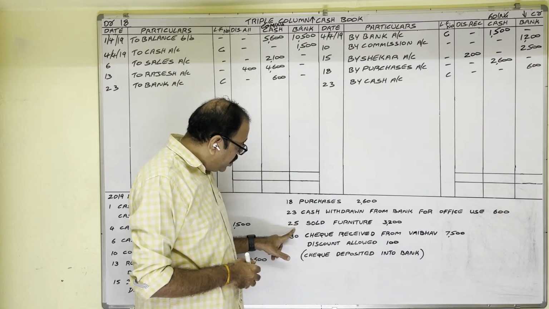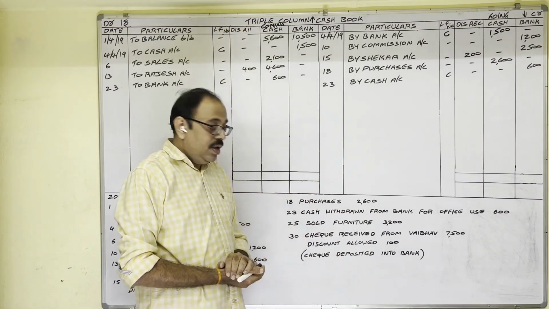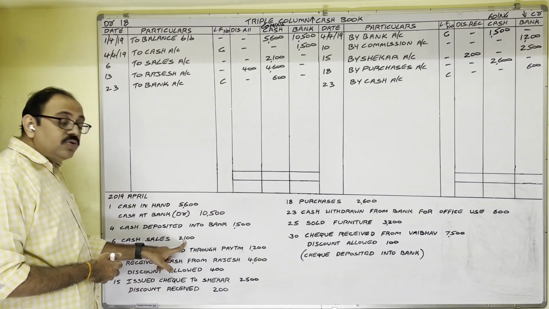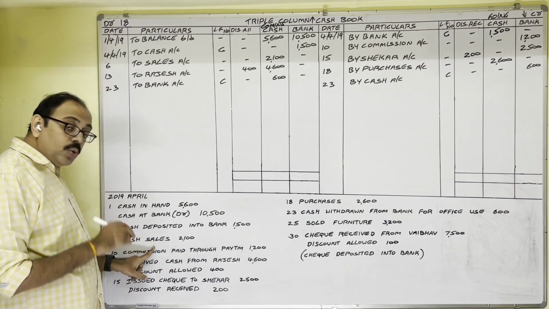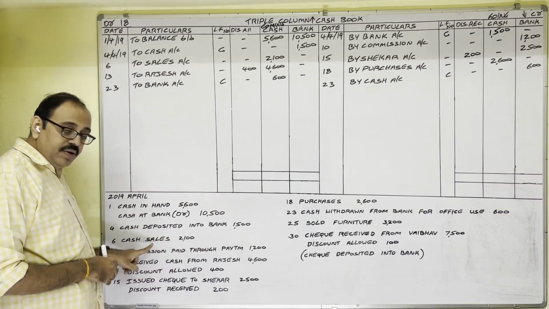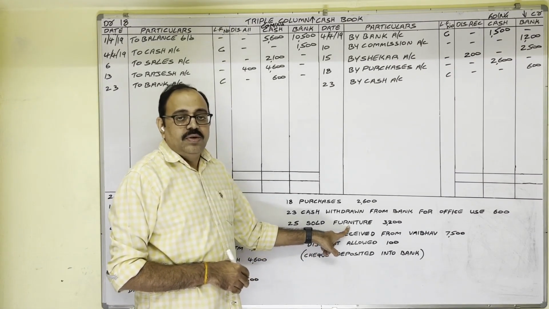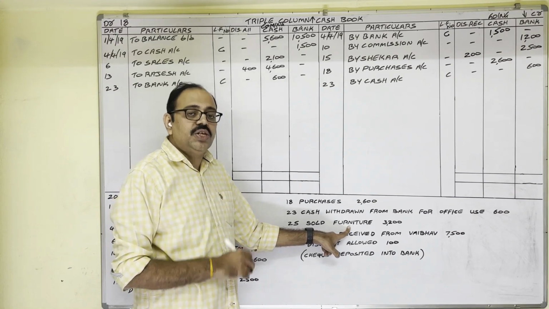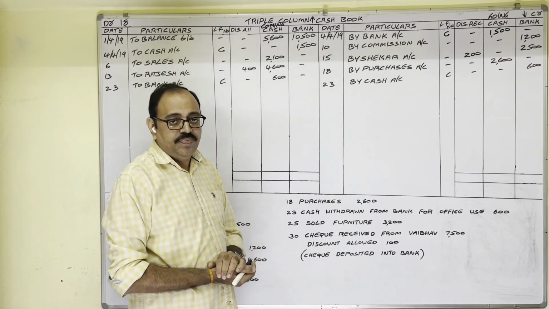Next, 25th day, sold furniture 3200. Observe the difference. On 6th date, cash sales 2100 is given. Here, we sold goods because nothing is given. But here, we sold furniture. Furniture, machinery, land, building, these are fixed assets. When fixed assets are sold, how to record that?